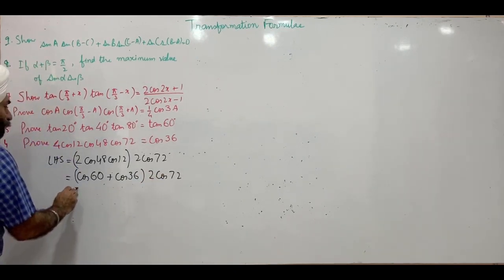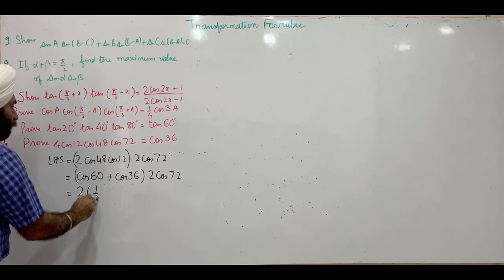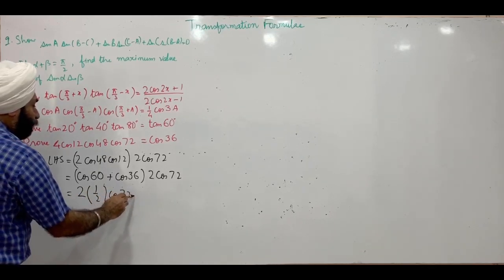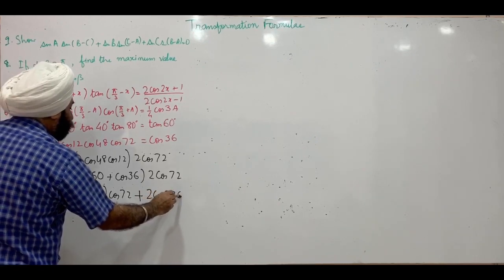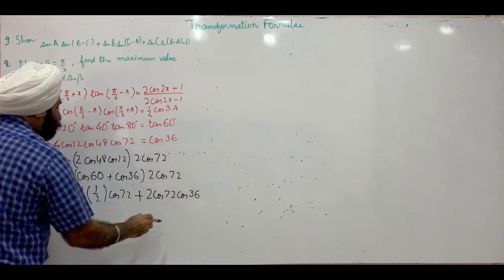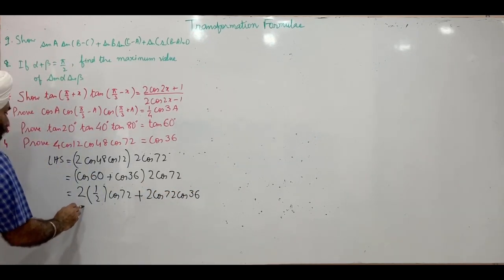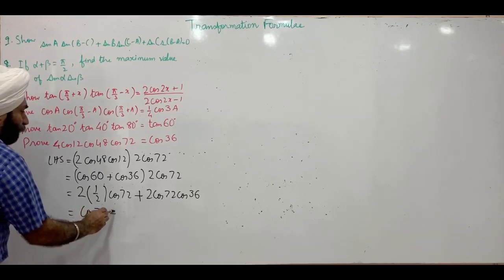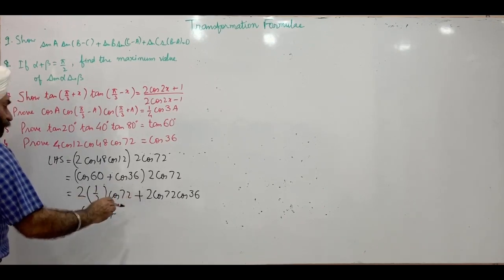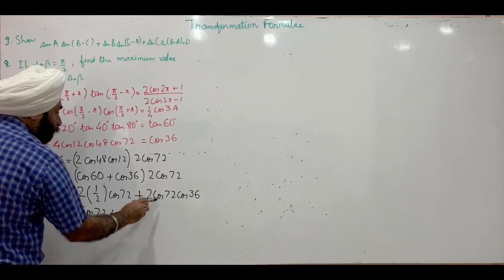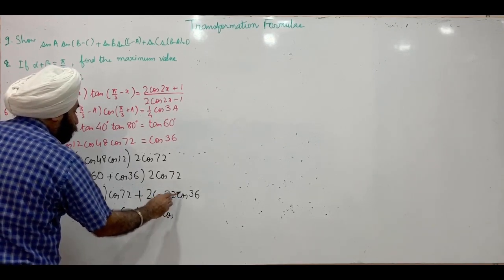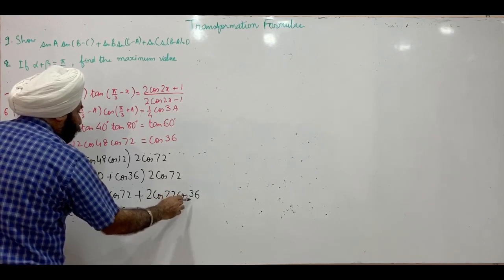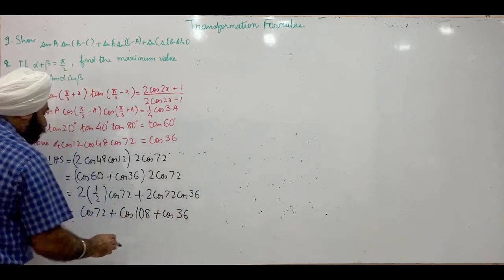This is 2 cos of 60, 1 by 2 into cos of 72, and plus 2 cos of 72 into cos of 36. This is cos 72 plus, 2 cos A cos B is cos of A plus B, that will be 108, plus cos of A minus B, 72 minus 36 is 36.